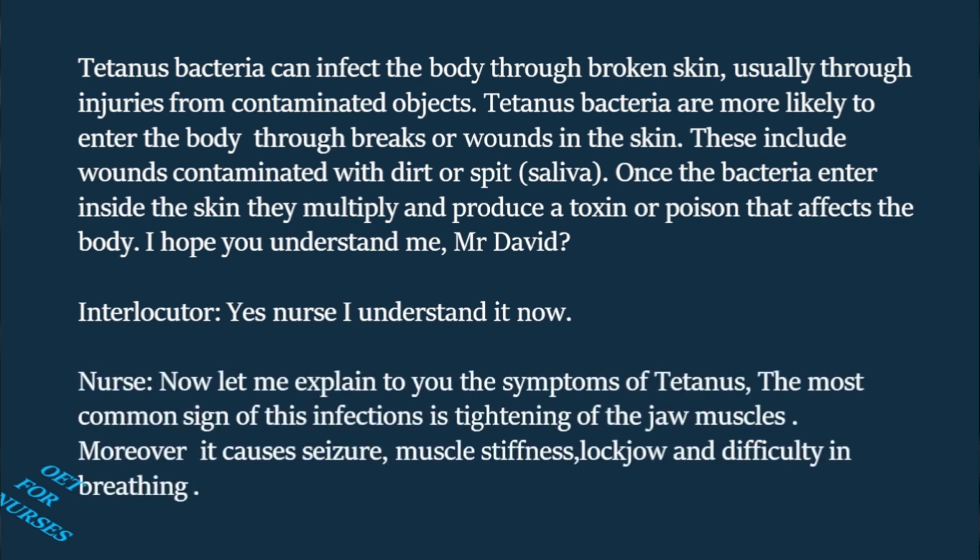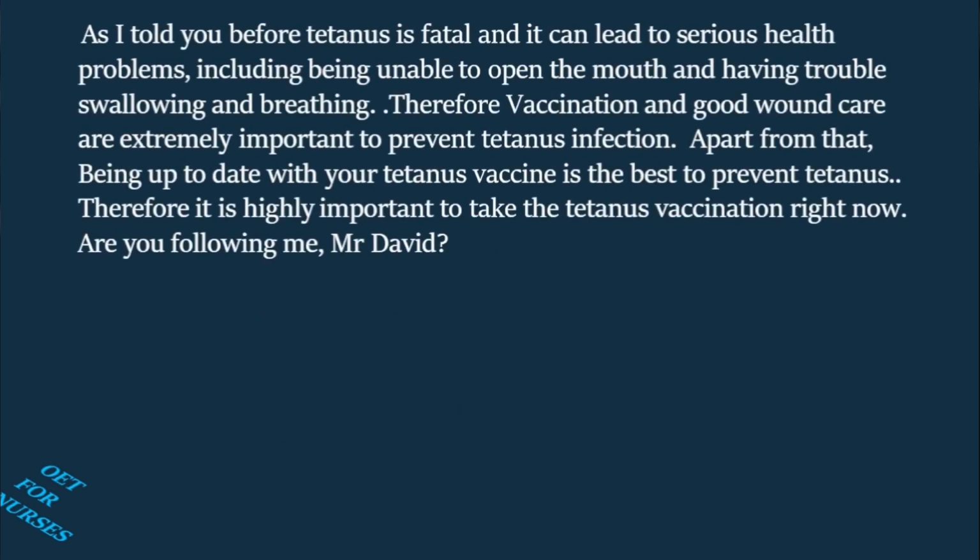Now let me explain the symptoms of tetanus. The most common sign of the infection is tightening of the jaw muscles. Moreover, it causes seizure, muscle stiffness, lockjaw, and difficulty in breathing. As I told you before, tetanus is fatal and it can lead to serious health problems, including being unable to open the mouth and having trouble swallowing or breathing.